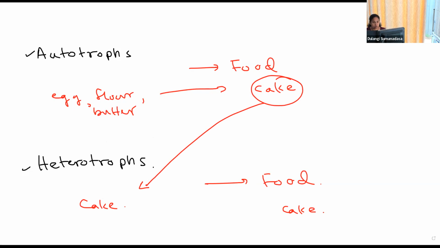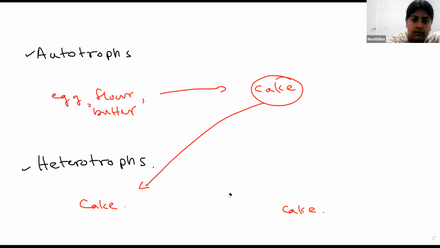So all the organisms must have food. To get the food, you can just go into the basic ingredients, or you can purchase food already made by the autotrophs, right?